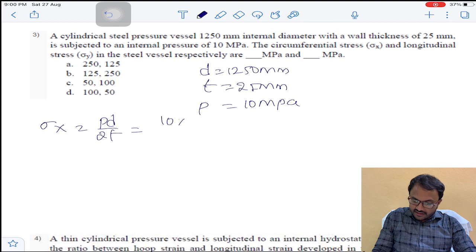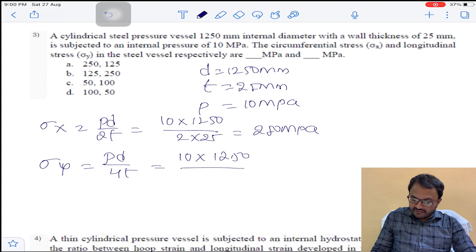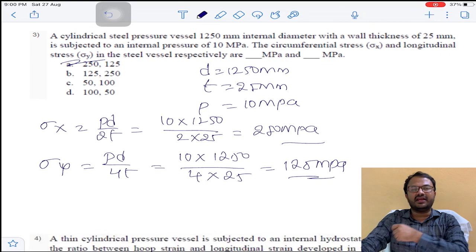So 10, D is 1250 divided by 2 into 25. So that is equal to 250 MPa. And longitudinal stress sigma y is equal to PD by 4T. So P is 10, D is 1250 divided by 4 into T is 25. So that is equal to 125 MPa. Okay, so the answer 250 and 125. Answer A for question number 3.